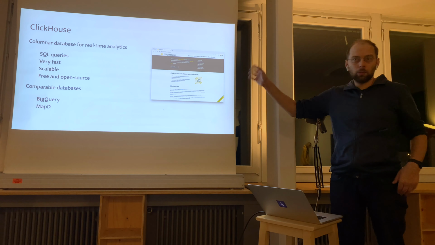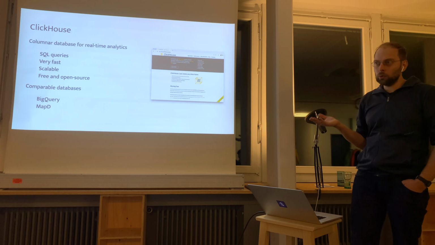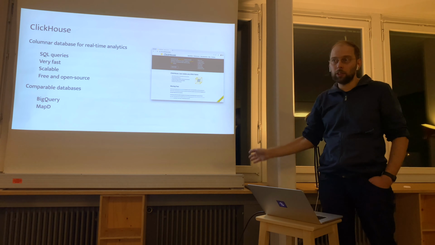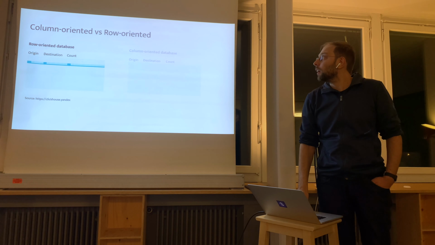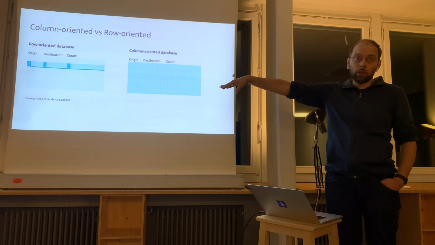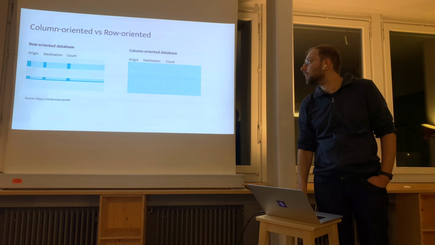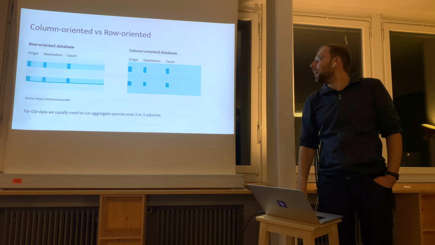So we had to look around for what database we could use. We found ClickHouse, which is not very well known, but it's quite good, working well for us. It's faster than conventional row databases like Postgres for a couple of reasons.